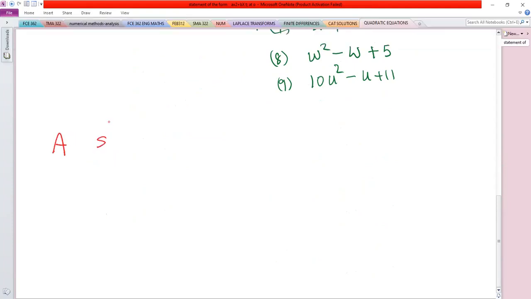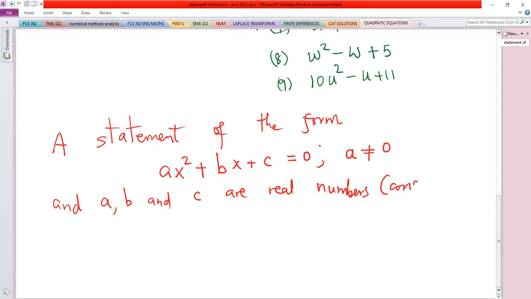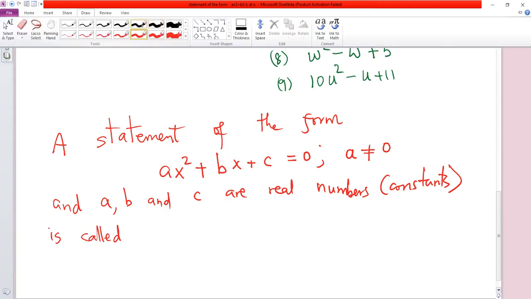So a statement of the form ax squared plus bx plus c equals to 0, where a is not 0 and a, b, and c are real numbers, simply constants, is called a quadratic equation in the variable x.